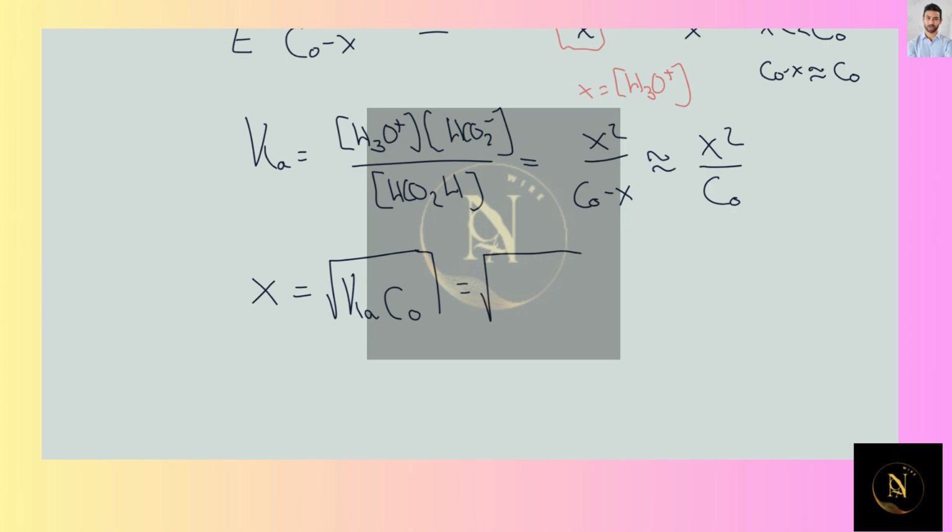In this case, the value for Ka is 1.7 times 10 to the minus 4, and the initial concentration is 0.0010 molar.